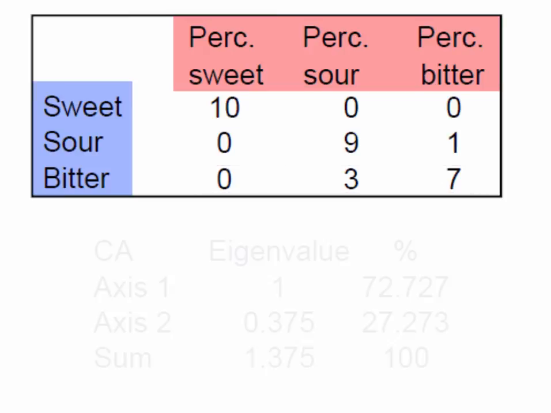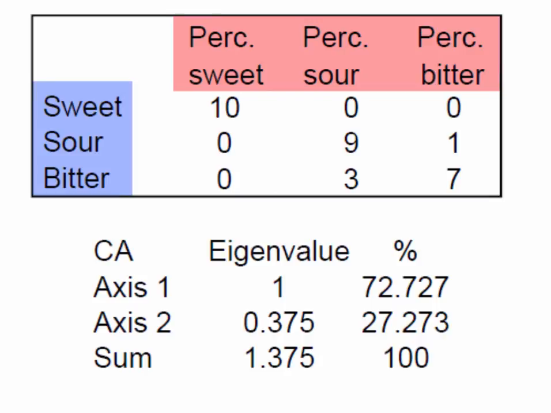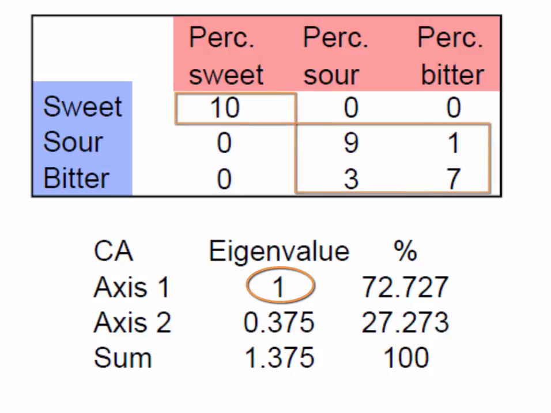When we now do correspondence analysis on this table, we obtain the first eigenvalue of 1, which is the signal telling us we have a diagonal block structure in the data. What this means is, if we look back at the table, we see that all the non-zero data is found in blocks along the diagonal.